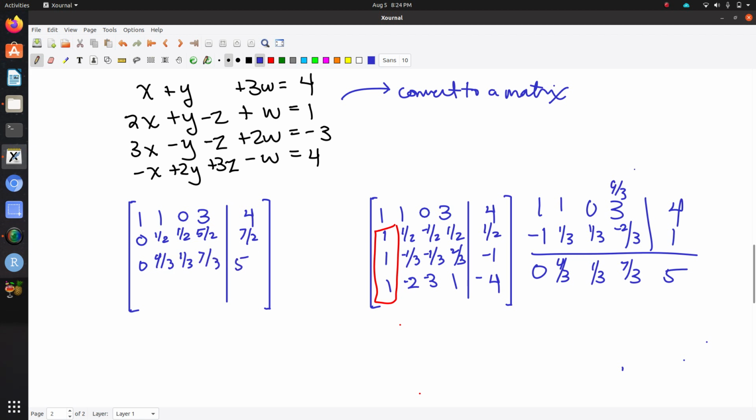Alright, and so then what's going to happen here is I have to deal with the last one. I have 1, -1, 2, 3, -1, and +4. So I don't need the 9/3 this time. I get 3, 3, 2, 8 this time.